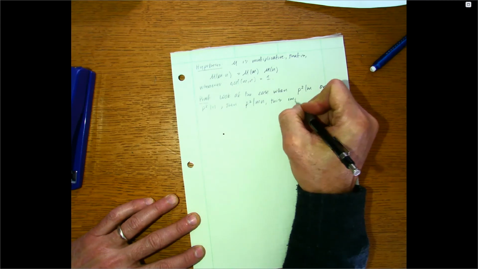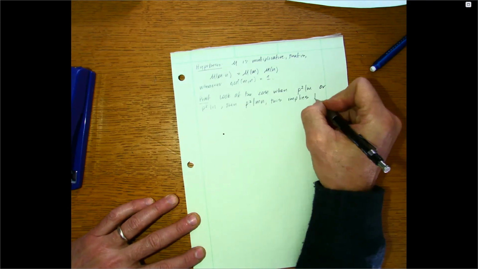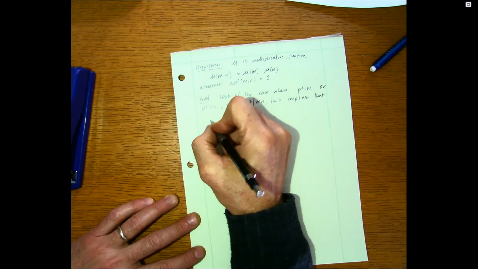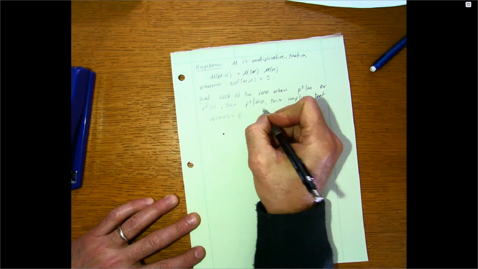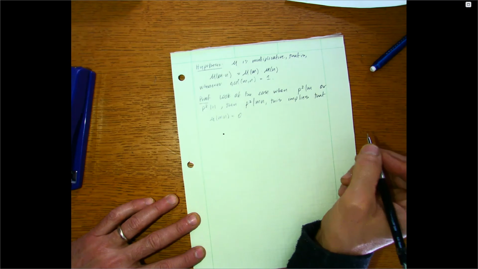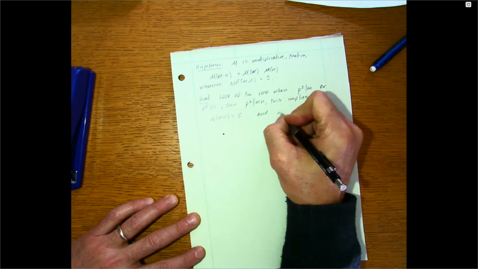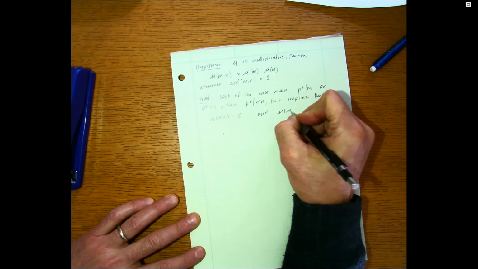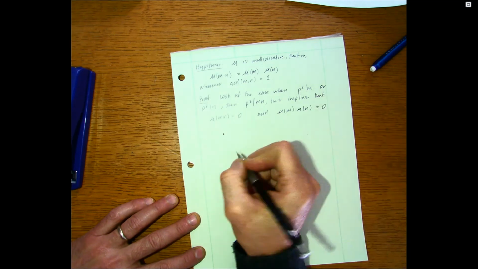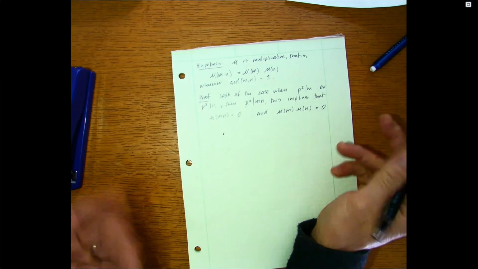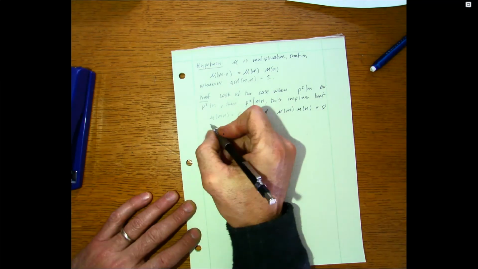What does this imply? Well, this implies that mu of mn is equal to 0 because p squared divides mn, and mu of m times mu of n must be equal to 0, and that's because one of the two has to be valued at 0.